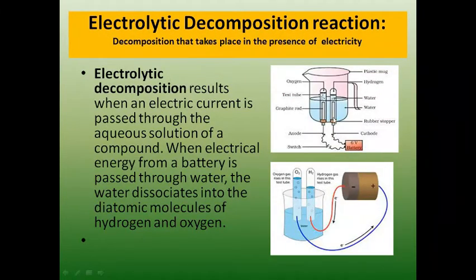The volume of gas collected on the negative electrode, that is cathode, is double the volume of the gas collected on the positive electrode, that is anode.